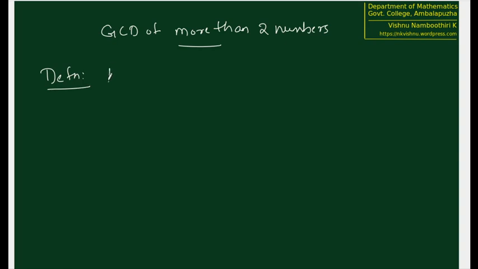So the next topic is GCD of more than two. The definition is exactly the same as in the case of GCD of two numbers. Let A1, A2, etc. AN be positive integers.